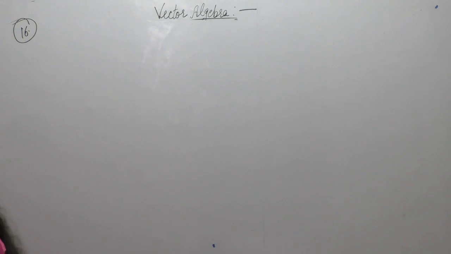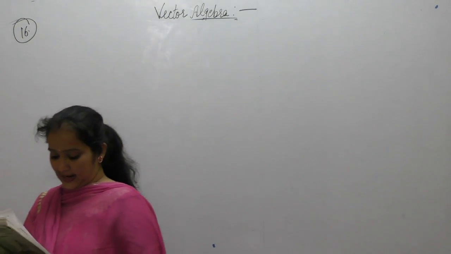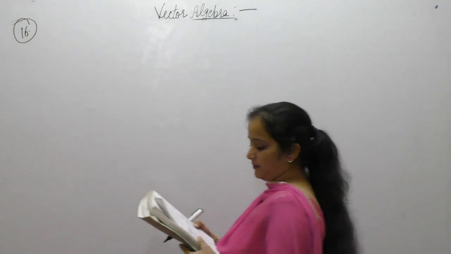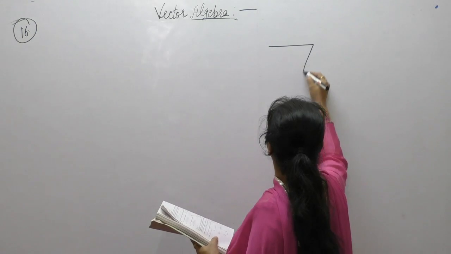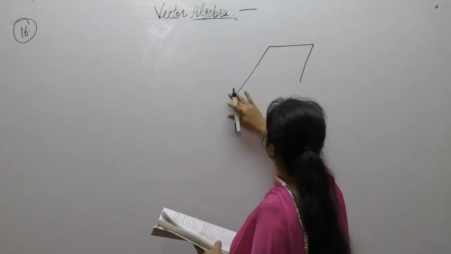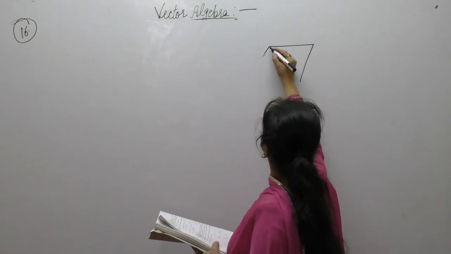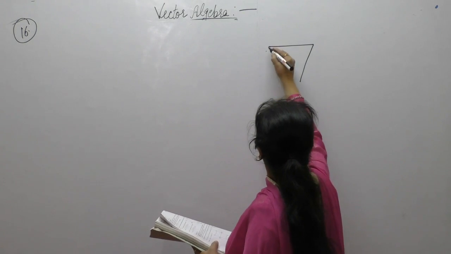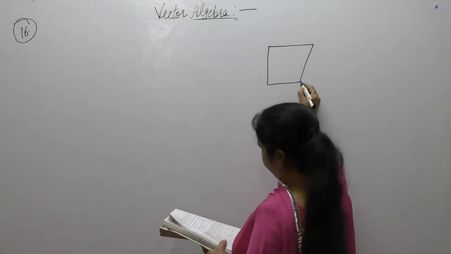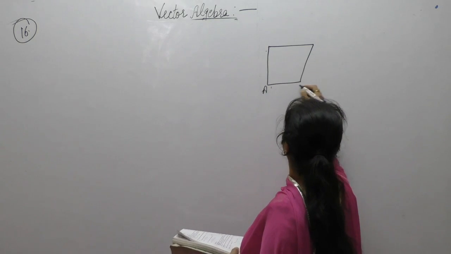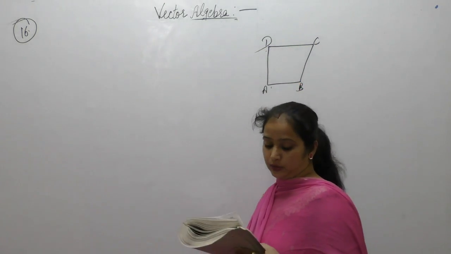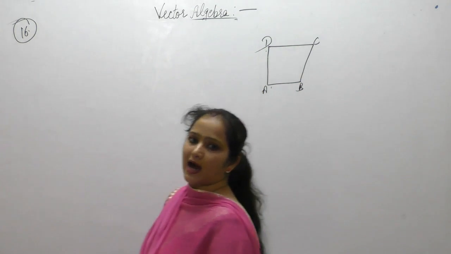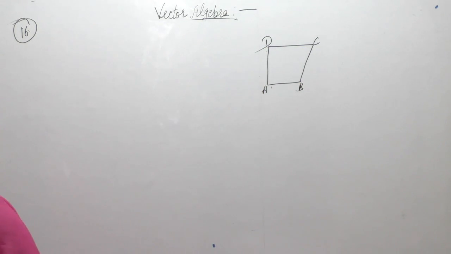Now next one. Prove that the line segment joining the middle points of the two non-parallel sides of a trapezium ABCD is parallel to the parallel sides and half of their sum.